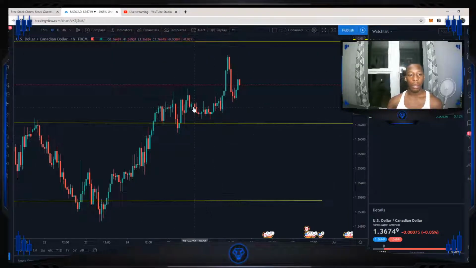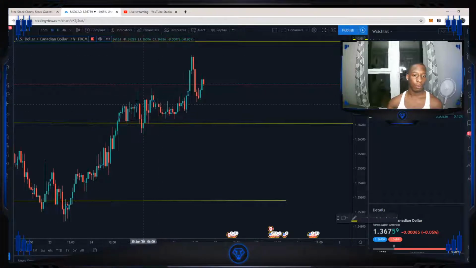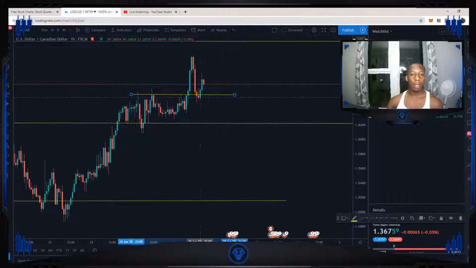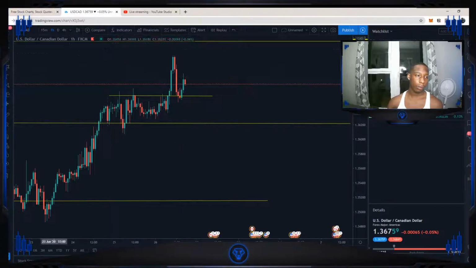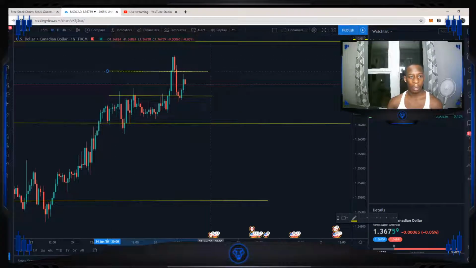Brother. So I'll say it's uncertain times. However, if you are looking for shorts, make sure, you know what, this is another key level. Let's just say the key level is right about here.